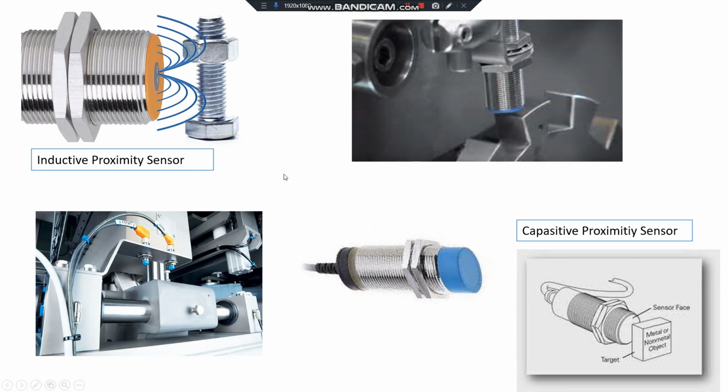On the screen there are two examples that indicate the aim of the proximity sensor. In this machine, there are two sides, down and up. When this machine turns, when the upside comes in front of the proximity sensor, it will be activated and send a signal to the controller.